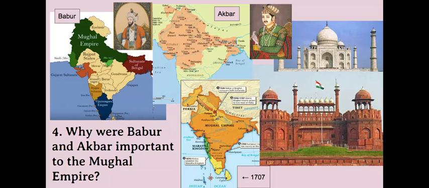Akbar and the Mughal Golden Age lasted from the 1500s all the way through till about 1700. And for those 200 years, India experienced a golden age of peace, prosperity, and overall, mostly institutional religious tolerance.